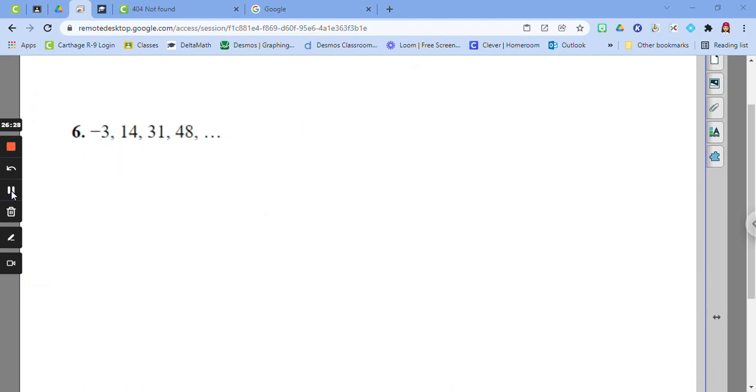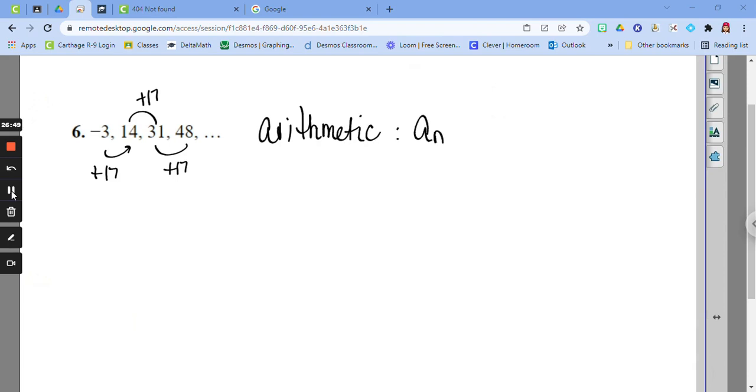So if we take a look at 6, we're adding 17 to get to the next one. So that would make it arithmetic. So that would be our a sub n, the previous term, plus the common difference.